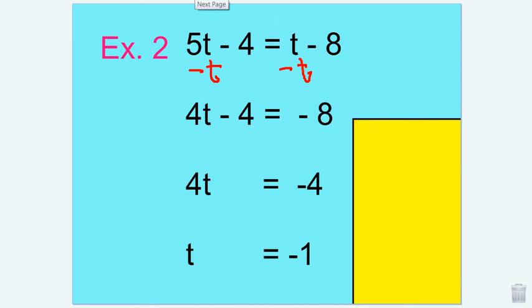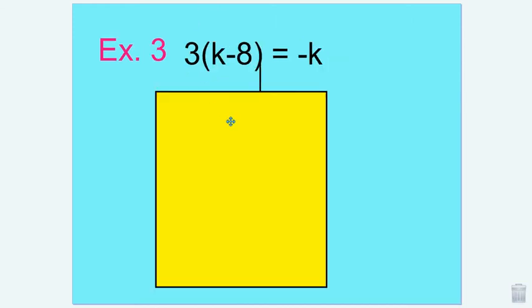And one more example to show you would be something like this, where I'm going to have to actually combine like terms first, and then go into the solving process. And so most of you know I need to do what? Yay, distribute.